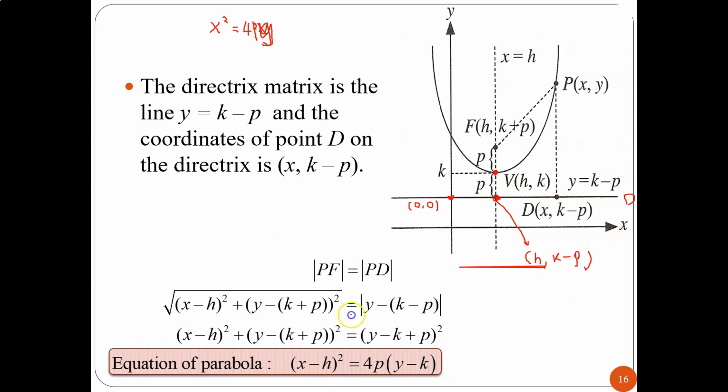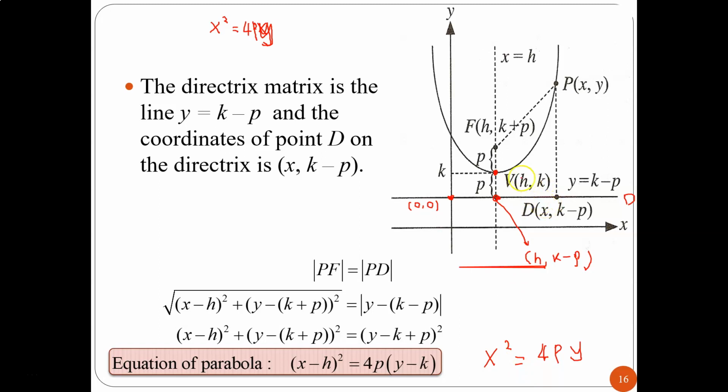Quite different from the one we have originally, x squared equal to 4py, right? So originally you have x squared equal to 4py. But now you have x, the whole thing in bracket, x minus h.